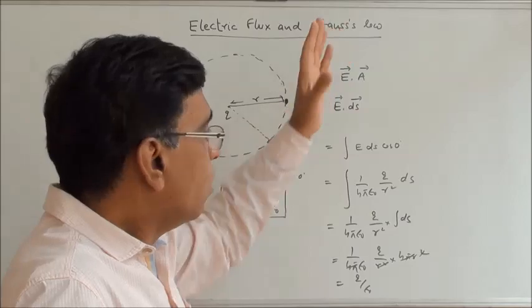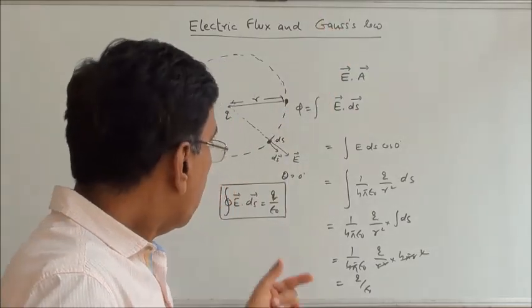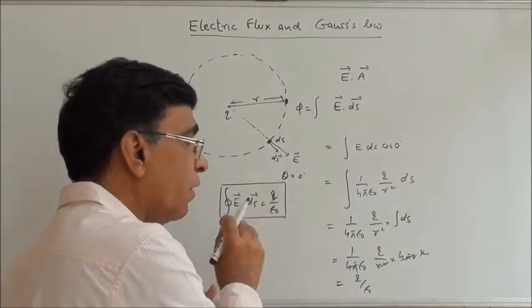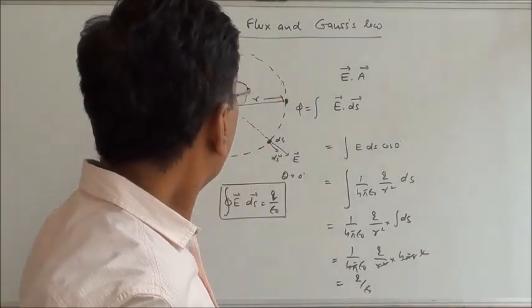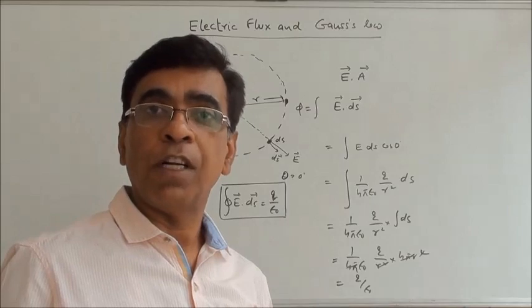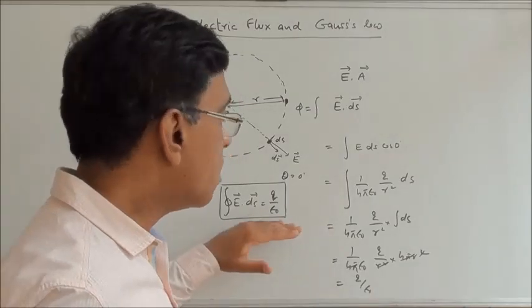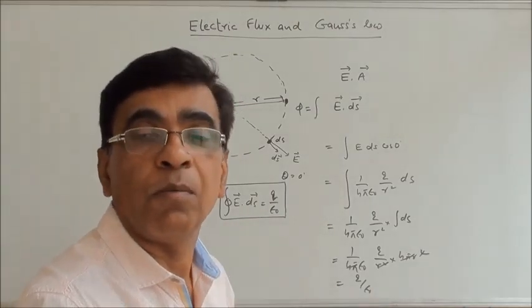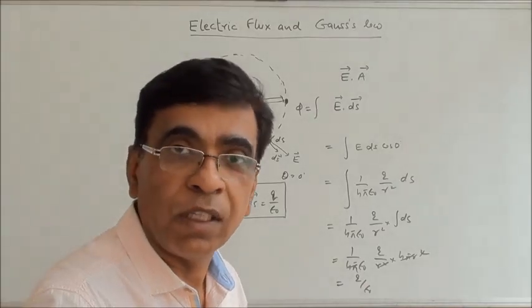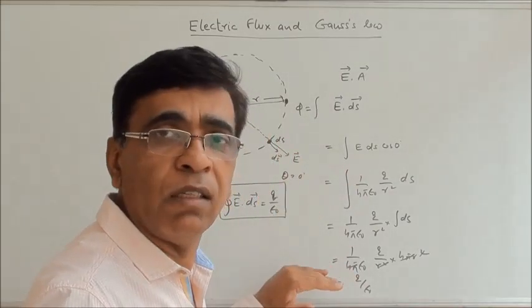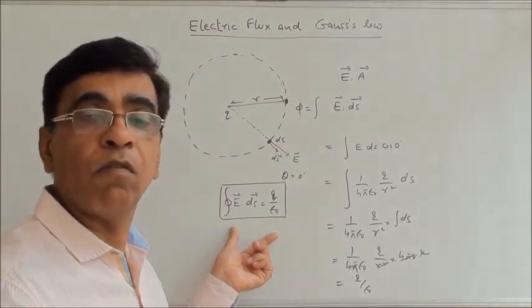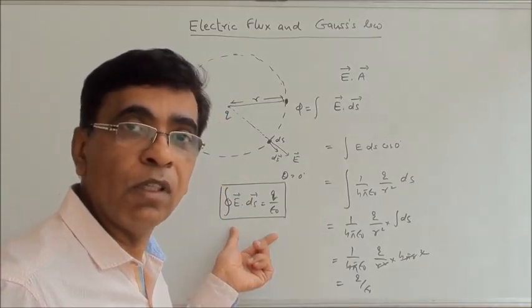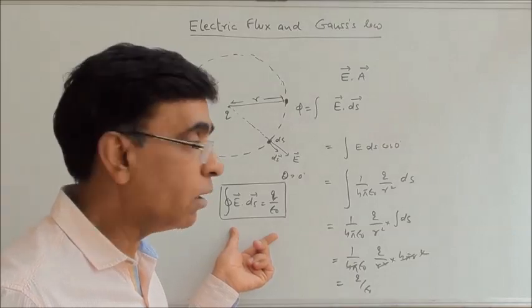It's very important, we call it Gauss's law. Now, we have derived it particularly for a spherical surface enclosing a point charge. But this is valid for all types of surfaces, not just spherical. Had we taken some other shape, even then this flux will remain the same.